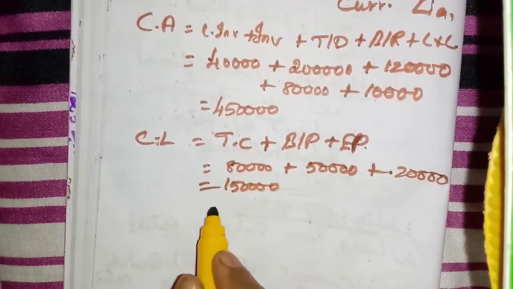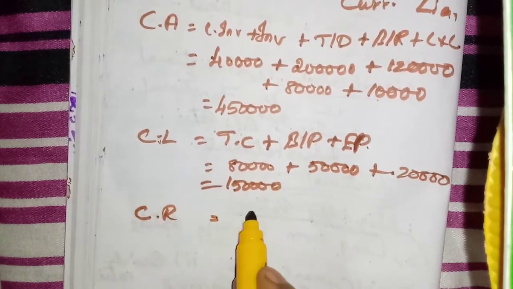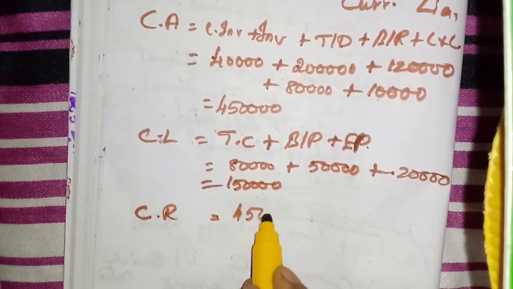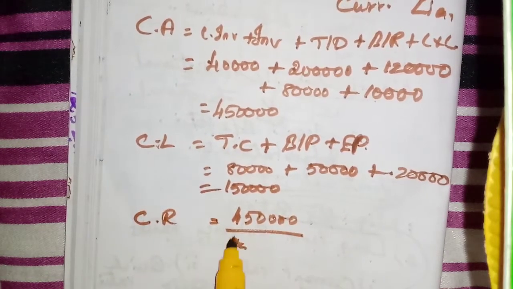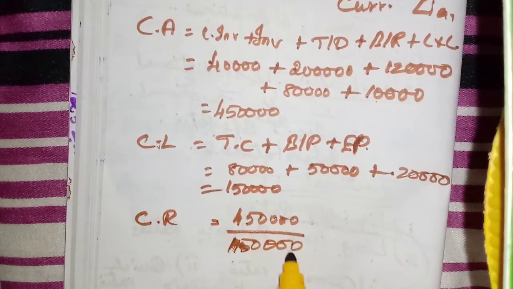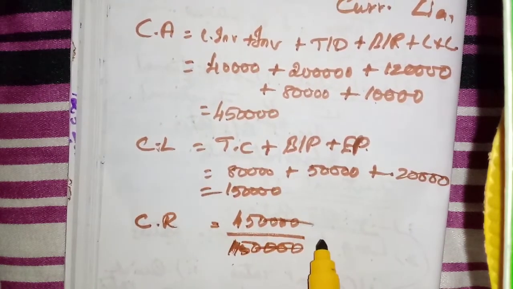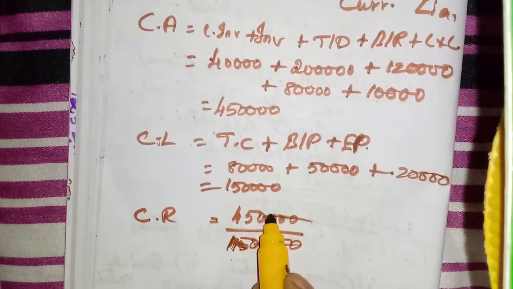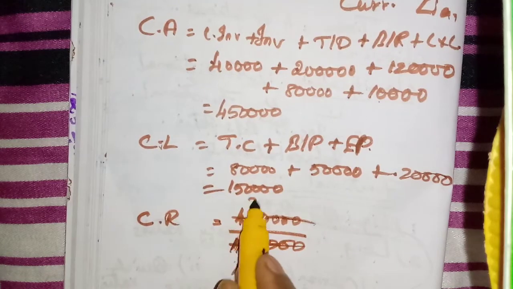So now the current ratio. Once again you write. How much is the current asset? 4,50,000 divided by 1,50,000. 45 divided by 15, so here 1, here 3.